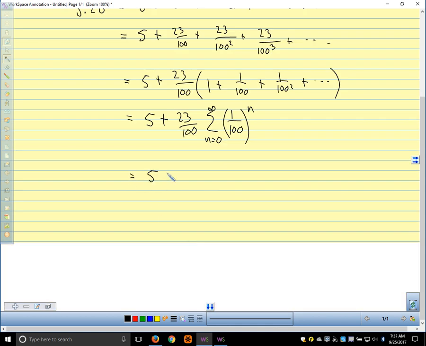And then we can find the sum of that, because this is a nice geometric series: 1 over 1 minus 1 100th.